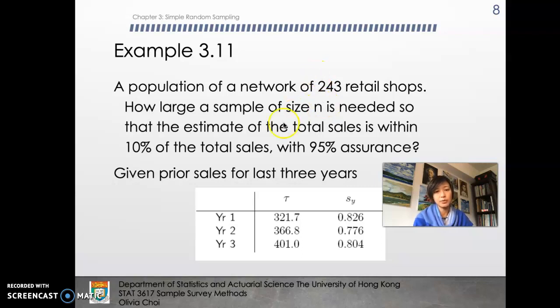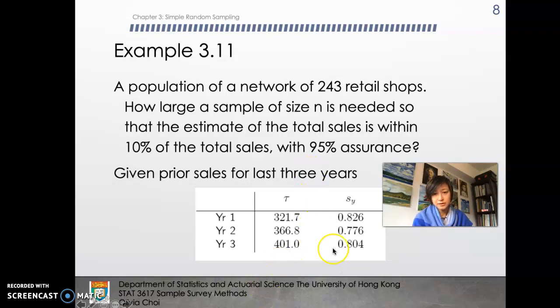So first of all, we want to estimate the new year 4 tau. And then I want to be sure that the estimate is good enough, that the bound of error is 10% within that total sales estimate at 95% assurance.